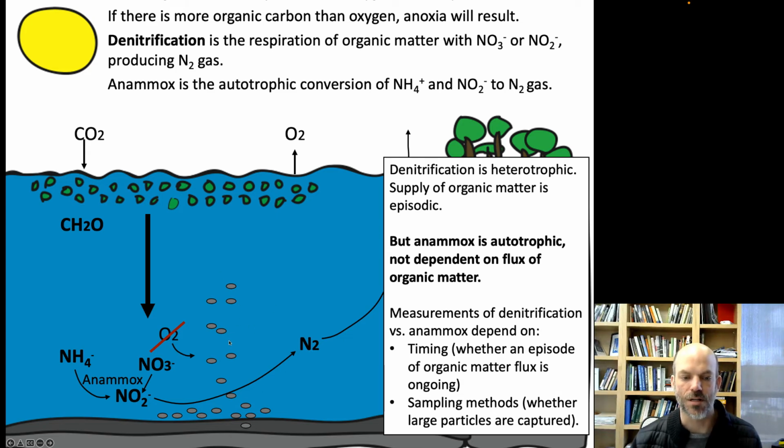If you don't have large particles, then you are not going to stimulate denitrification, and you will probably measure more anammox compared to denitrification. So this is an example of how these basic ecological and biological differences between these organisms correlate to sampling technical considerations and logistical considerations in how you do your study, and they lead to different answers about these big questions about the marine ecosystem.